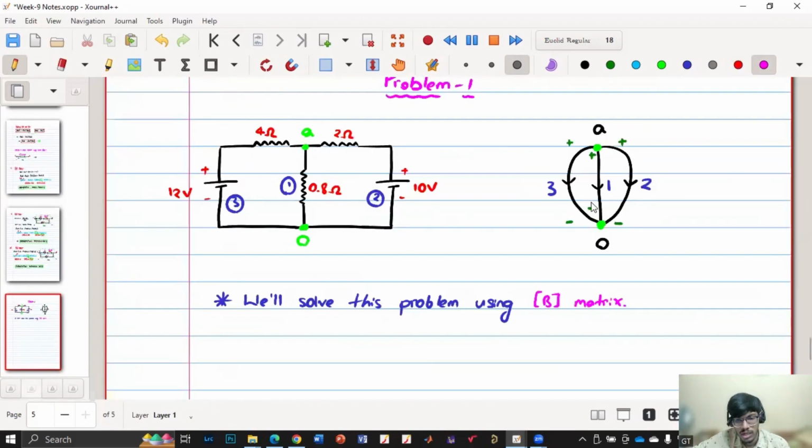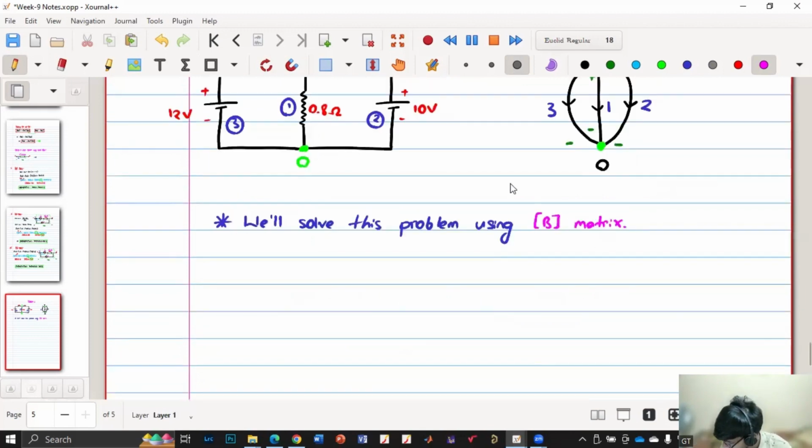Okay. So here, how many elements are there and how many nodes are there? Number of elements: 3. And number of nodes: 2.